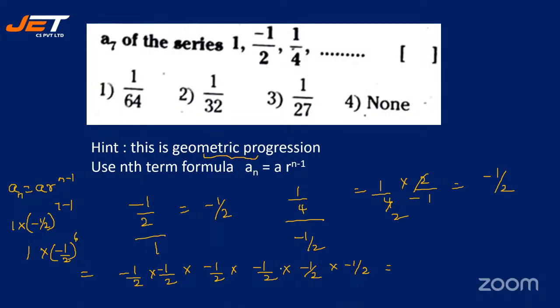Since it is an even power, your resultant figure would be plus only. So 2 2s are 4, 4 2s are 8, 8 2s are 16, 16 2s are 32, 32 2s are 64. So your answer must be 1/64, which is option 1. Let's check. Yes, it is.